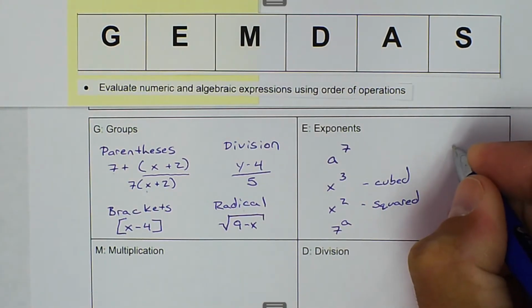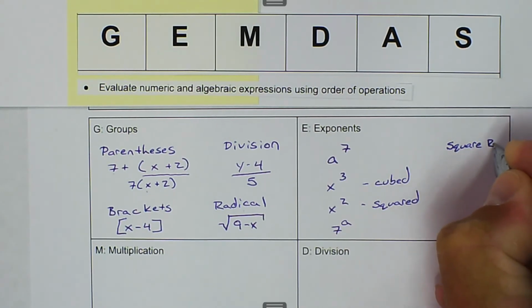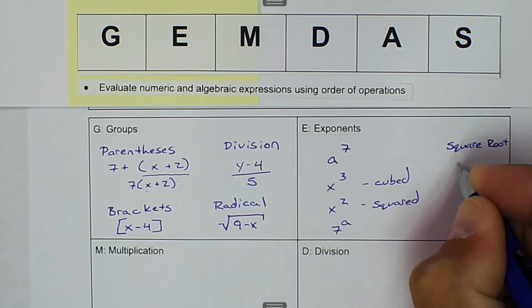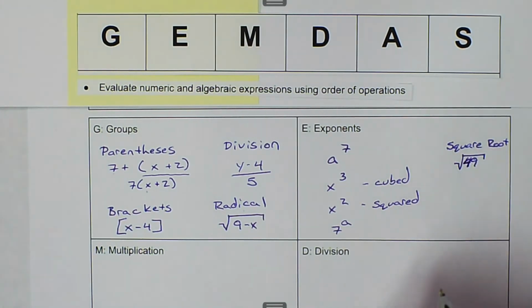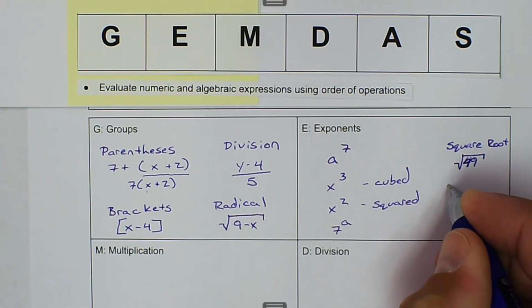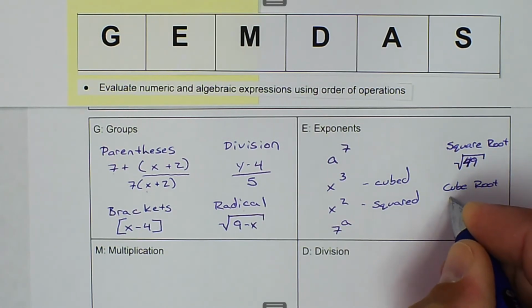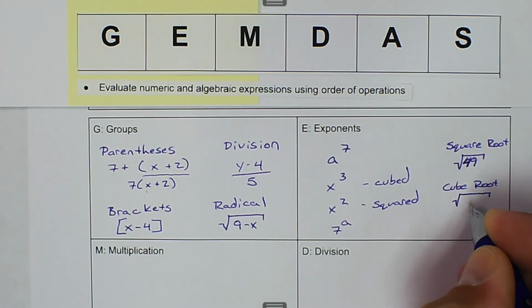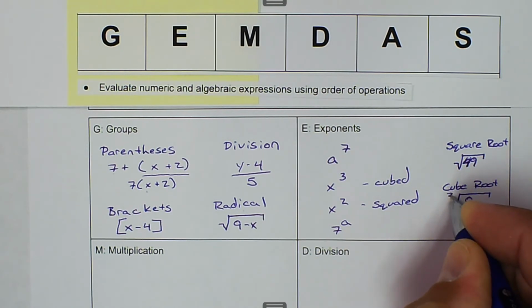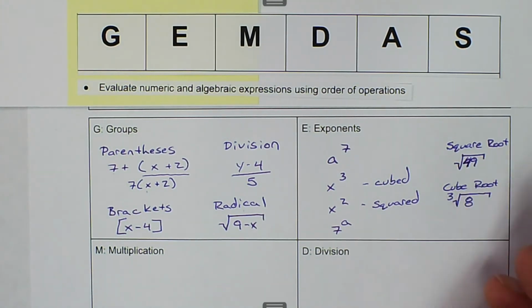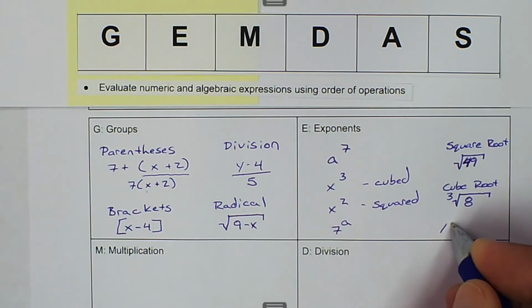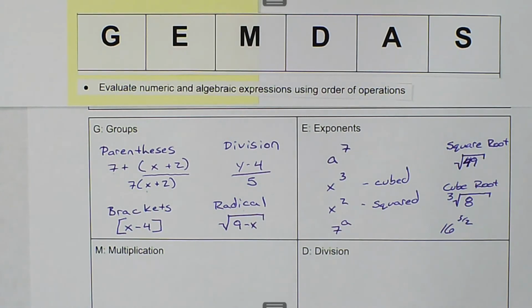We could also do square root, an example would be the square root of 49. We could do cube root, which looks the same, still has the radical, but instead of not having anything written there, we have the 3 there. Or we could have a fraction in the exponent, which would be like 16 to the 3/2. So those are all ways to make exponents.